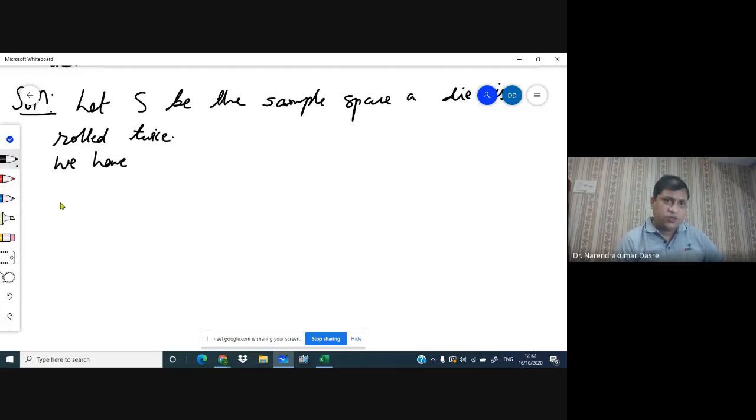When we roll a die, what are the numbers we'll get? 1 to 6. Now when we roll that die twice, we'll have that 6 by 6 list, so the list with 36 elements. If you write this list in a proper way, then definitely you will get the events easily. So let us write the list.